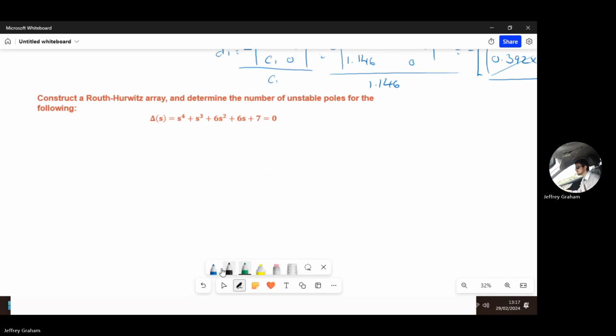Right. Same as before, start off with the array. That's again power 4.